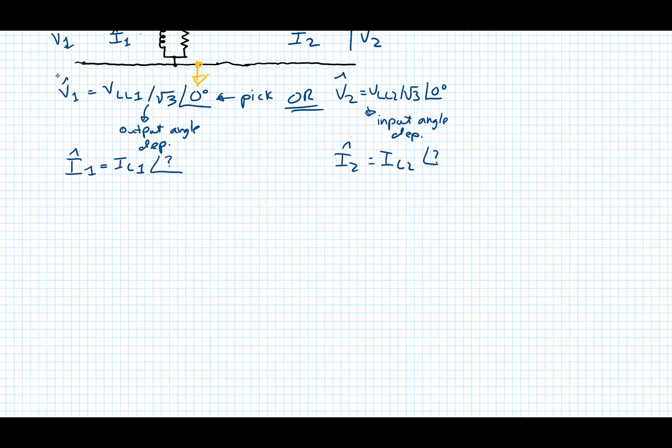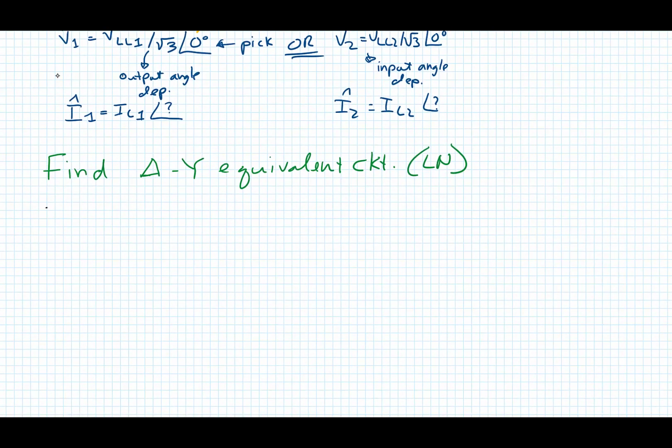So I would recommend that you go do this exercise yourself. Find the delta Y equivalent circuit. Okay, it's a line to neutral circuit. All right, let's do an example.